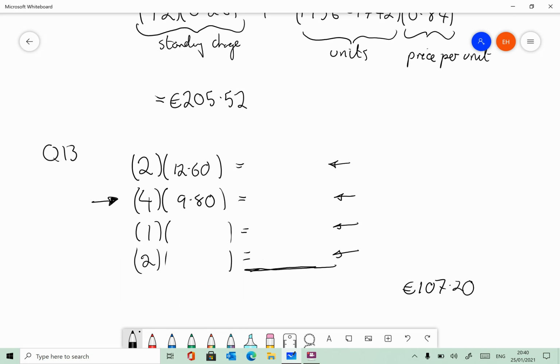Then we have 1 parcel which is bigger than 5, but less than 10. So that's $17.60. And then we have 2 parcels weighing 4.8 kilograms each. So that's bigger than 3 and less than 5, so that's $12.60.